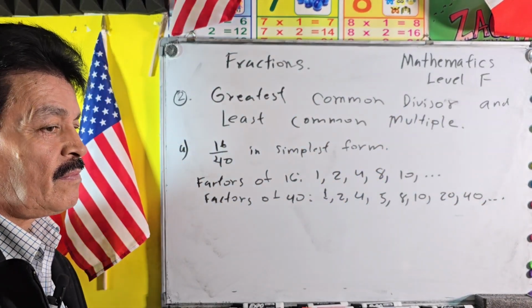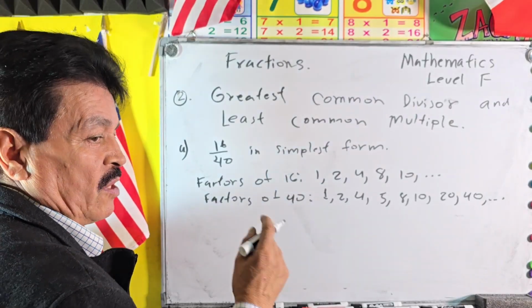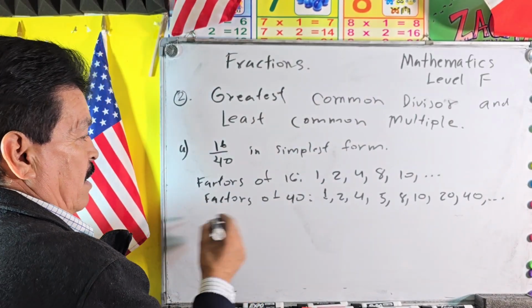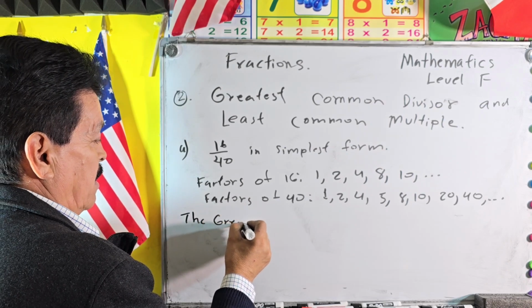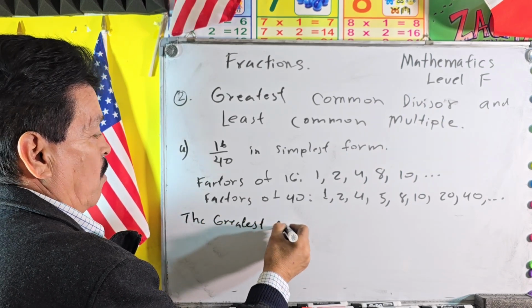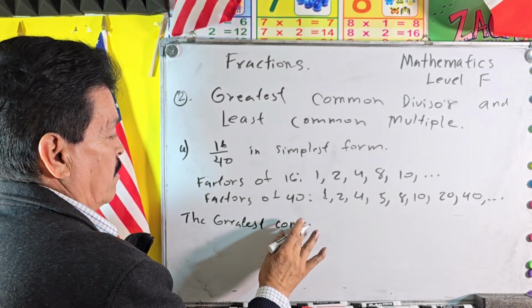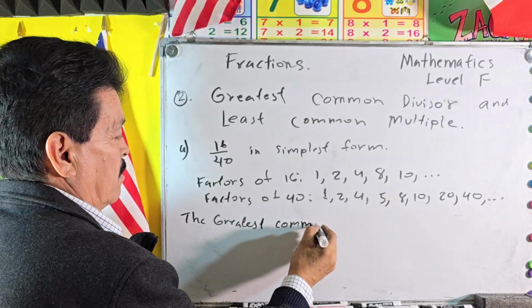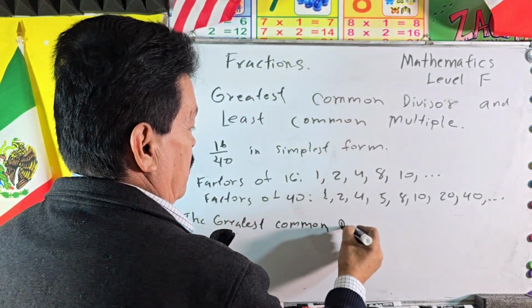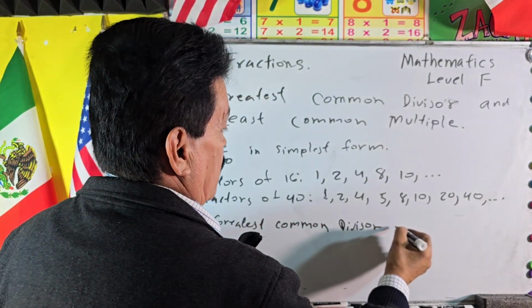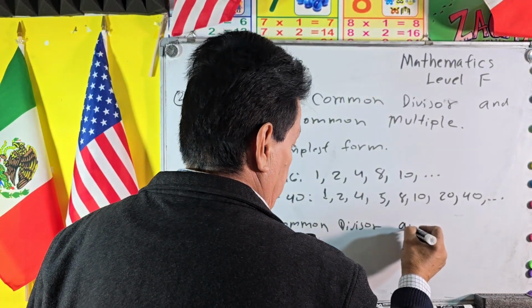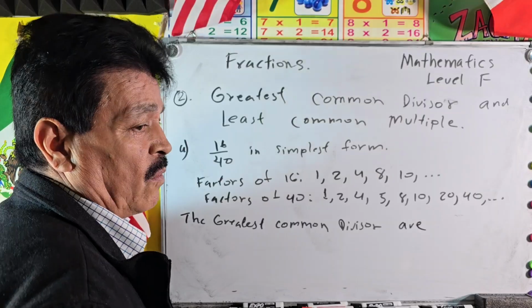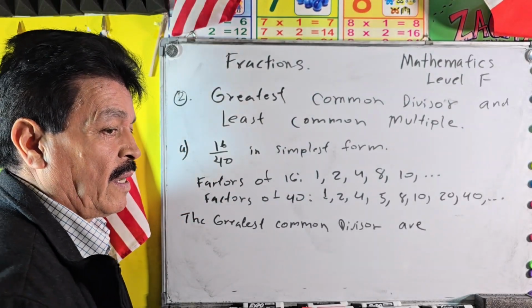Continue. So the greatest common divisor here, look at the factors. We have to know which one.